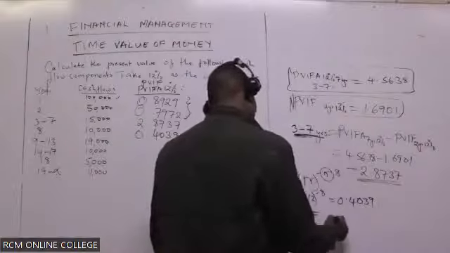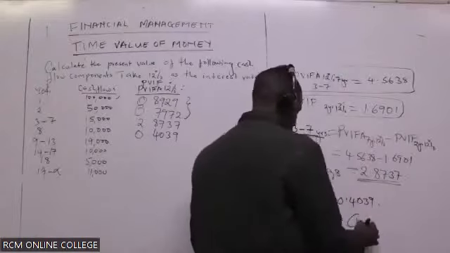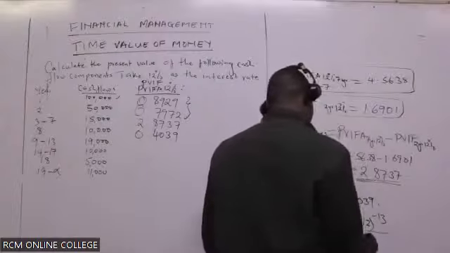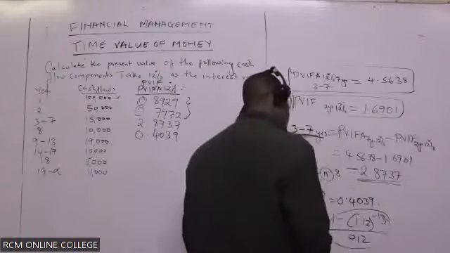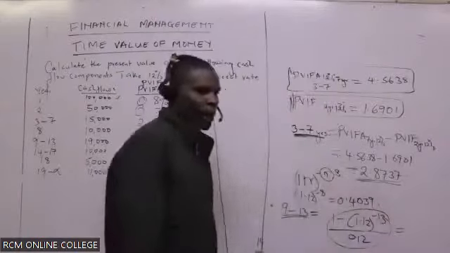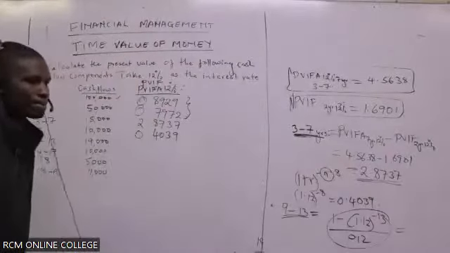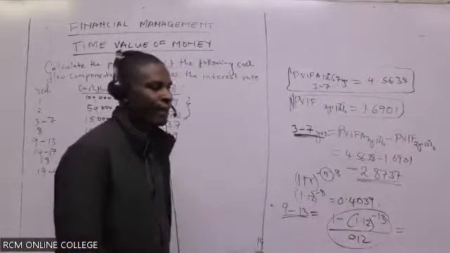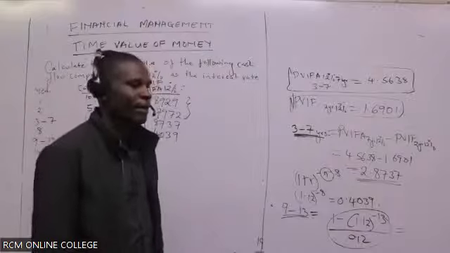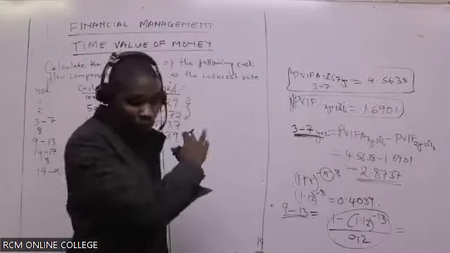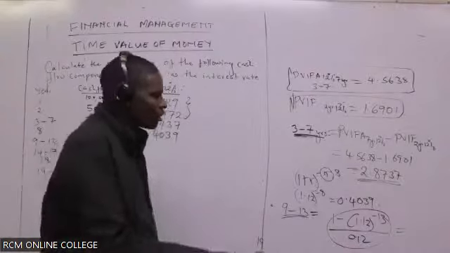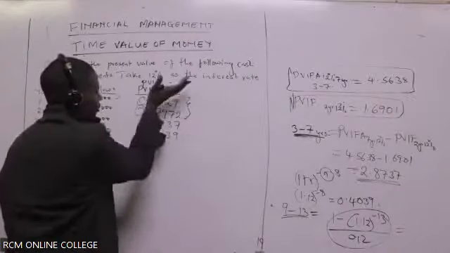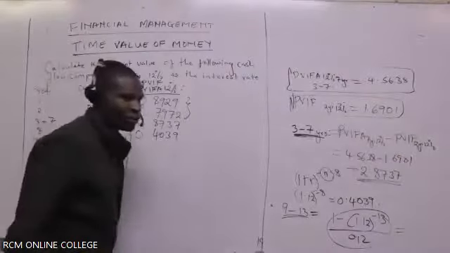Therefore, I expect 1 minus 1.12 raised to power negative 13, divided by 0.12. Give me that. What do you get? That will be for 13 years first. For 13 years, from 1 to 13 altogether, and then we will subtract the ones that are above. We will subtract all this so that we can get a value to put there.